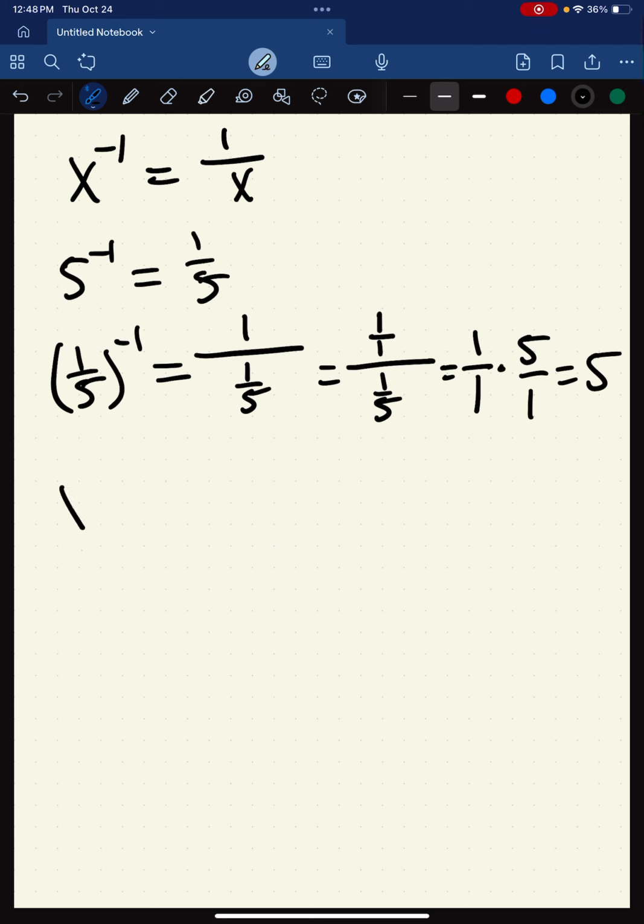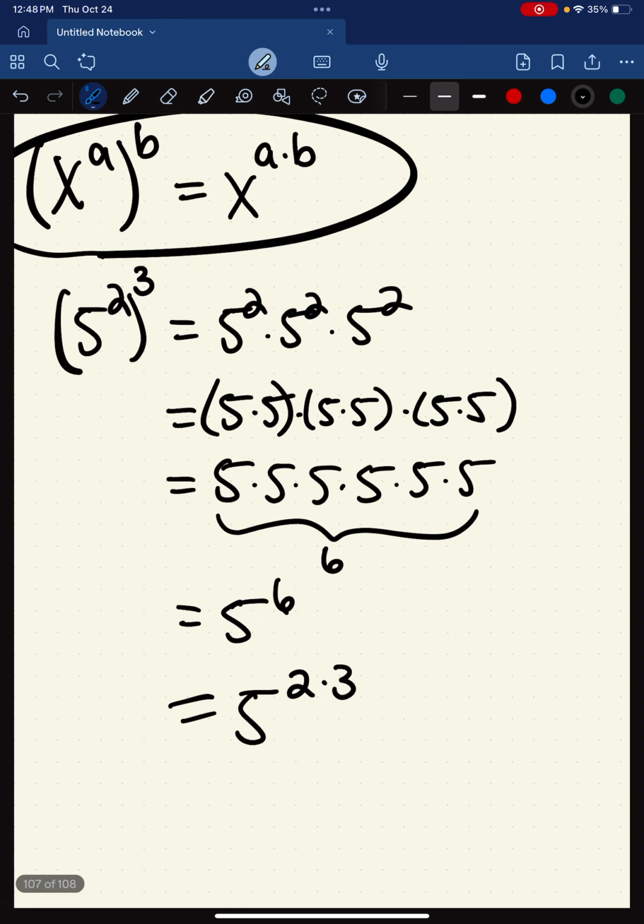Then I guess we can look at x to the power of negative n. Well, notice negative n is negative 1 times n.